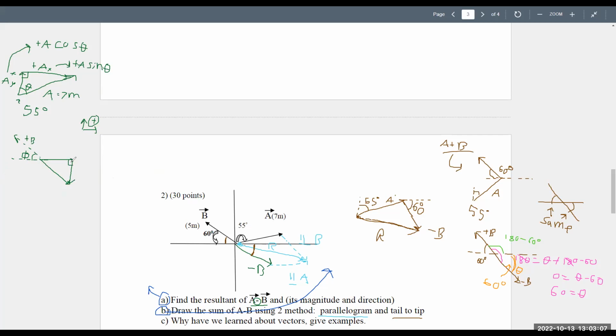Same concept though. You still have a positive BX, which, seeing as this is now your angle, the same as that one over there, is your B cosine.